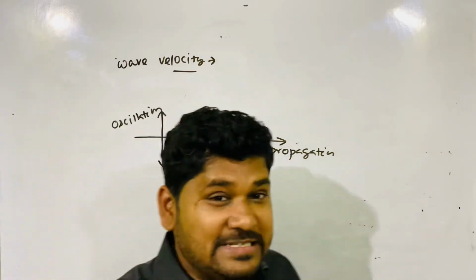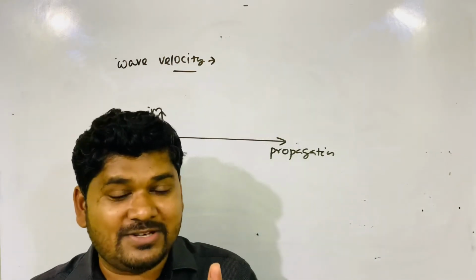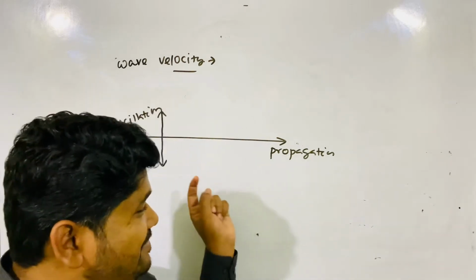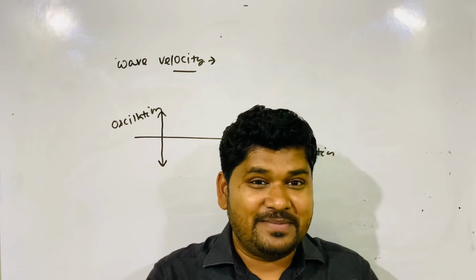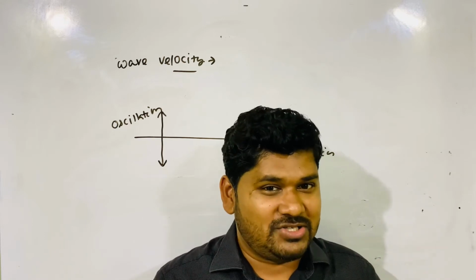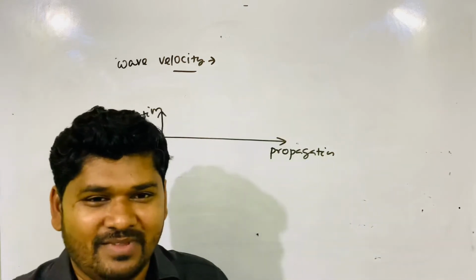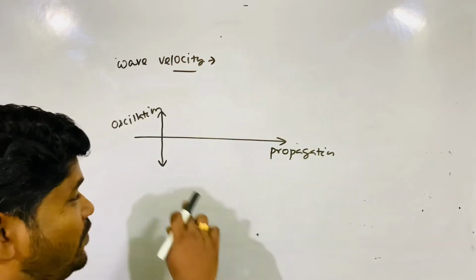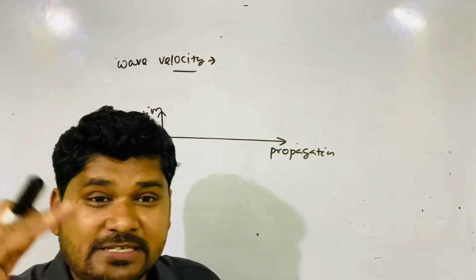But wave velocity is constant with time, as long as the wave is in a particular medium. When the medium changes, wave velocity also changes. But in a particular medium, wave velocity remains constant, while the particle's oscillation velocity changes.